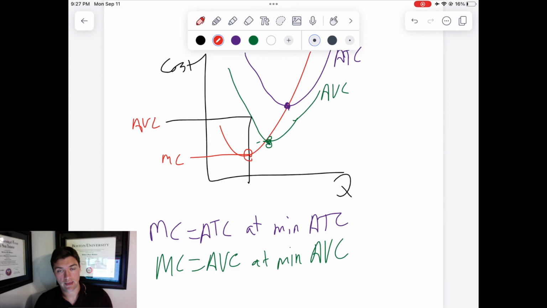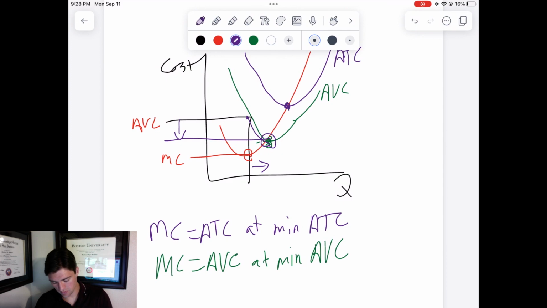When your average variable cost is more than your marginal cost, and you were to increase production, what is happening to average variable cost? Average variable cost, if we were to increase production, would decrease. Okay. Let's try that again.